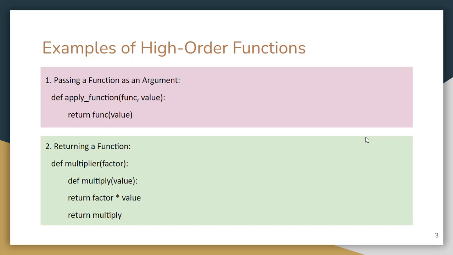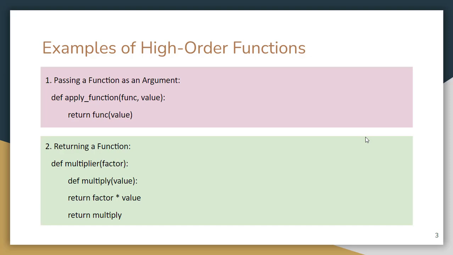Returning a function: def multiplier is a function and it has a parameter factor. Inside it, def multiply(value): return factor * value, and return multiply. In this case, multiplier is the function which stores the factor value, and value is the value on which we are going to calculate.